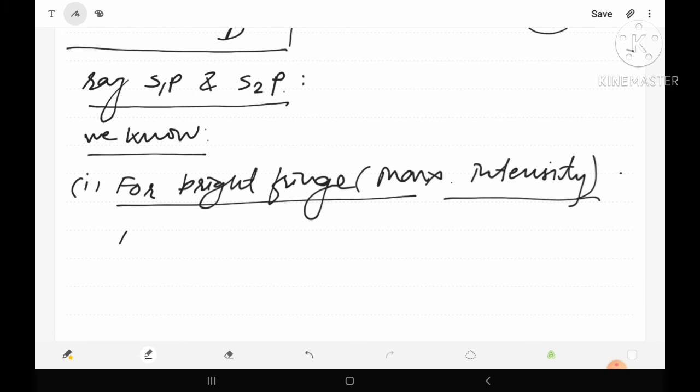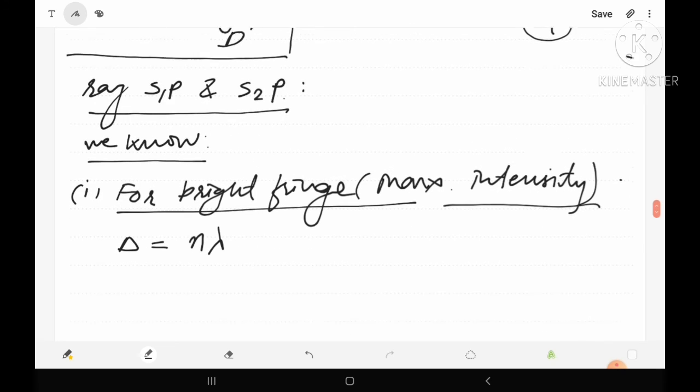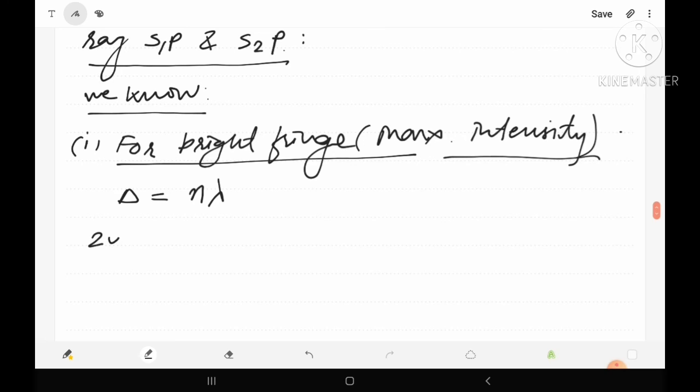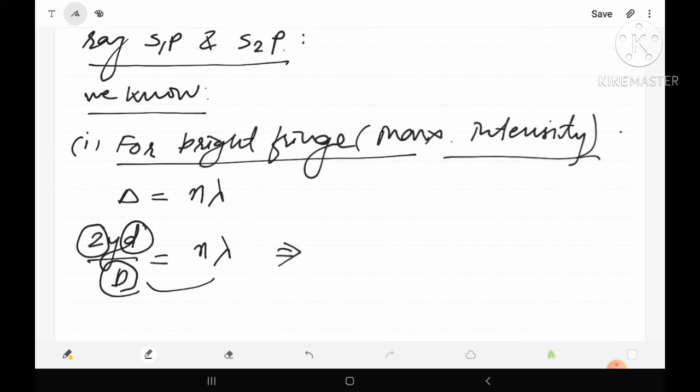The path difference delta should be equal to an integer multiple of lambda. It means that in equation 4, 2yd upon capital D should be equal to n lambda. Because capital D, small d and 2 are constant, let us transfer them to the right hand side.